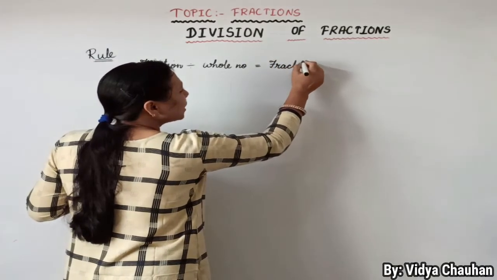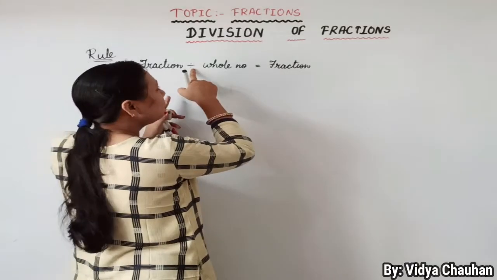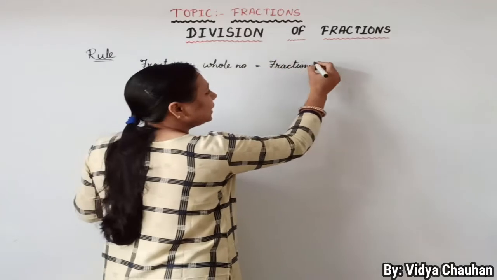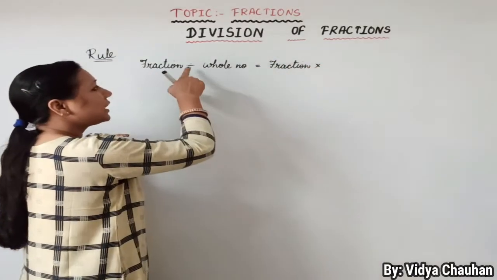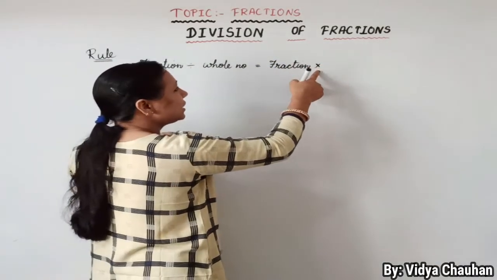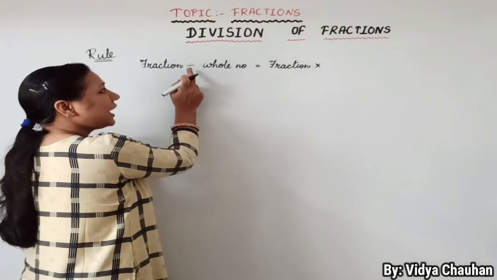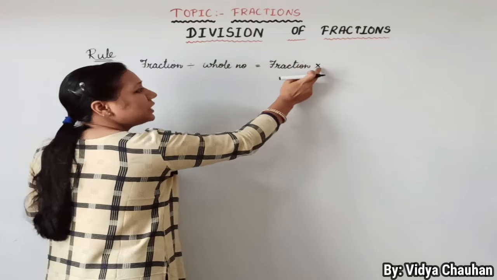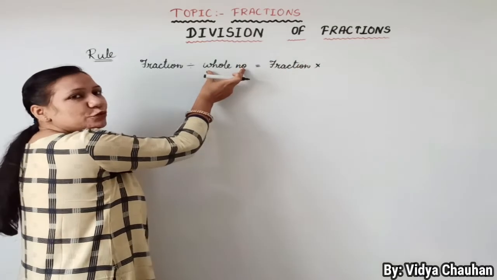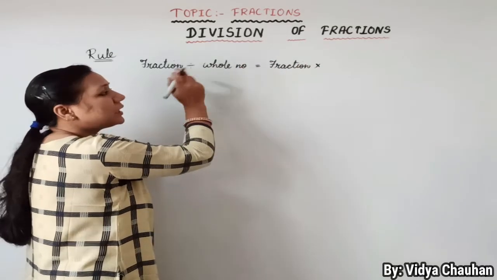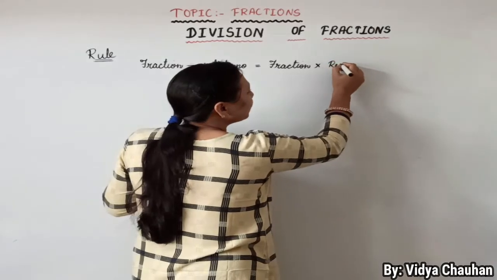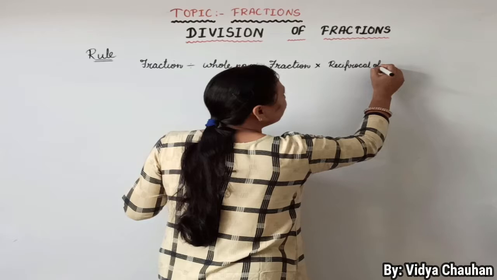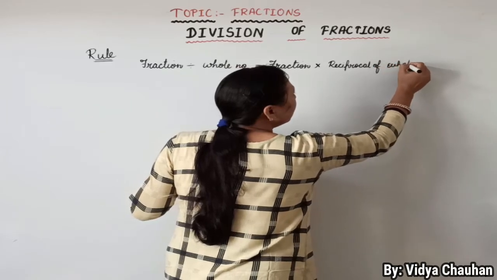We will write the fraction value as it is, and then we convert the division sign to multiplication. As we have converted divide into multiply, we have to take the reciprocal of the whole number.